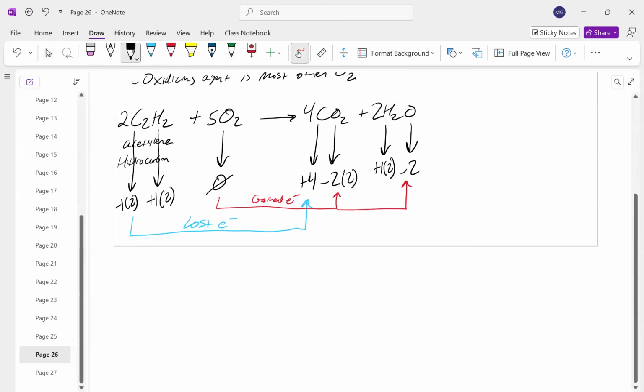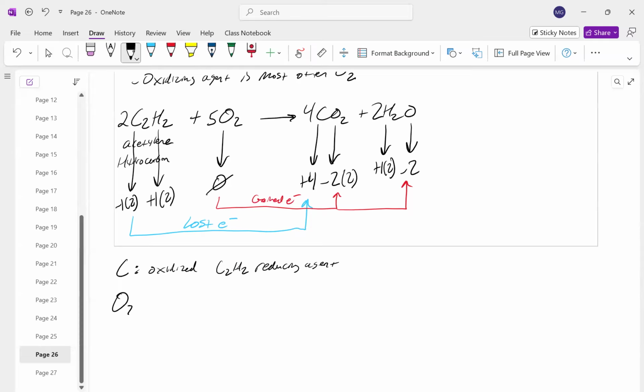So if we're going to look at this, we'd say carbon got oxidized, and we'd say the acetylene, C2H2, is the reducing agent, and O2 got reduced, which makes it the oxidizing agent, which we said is very common in these combustion reactions.